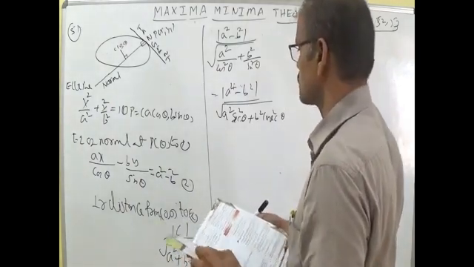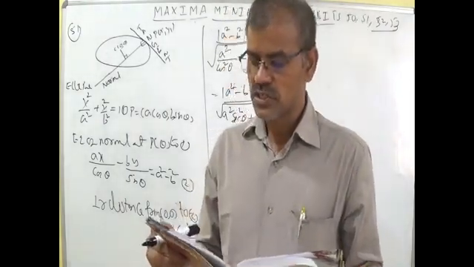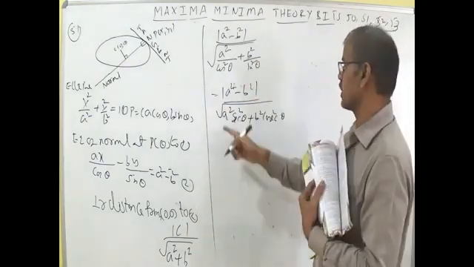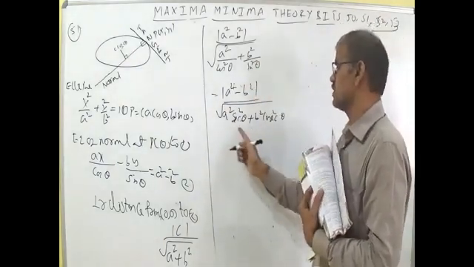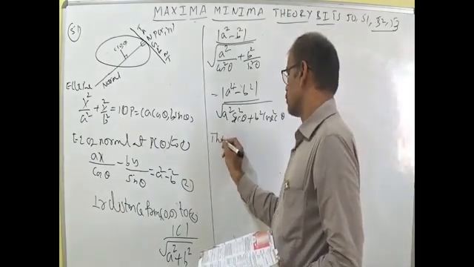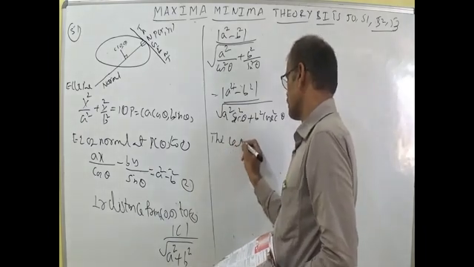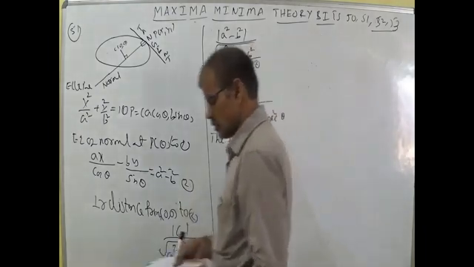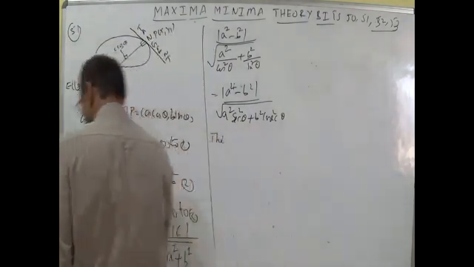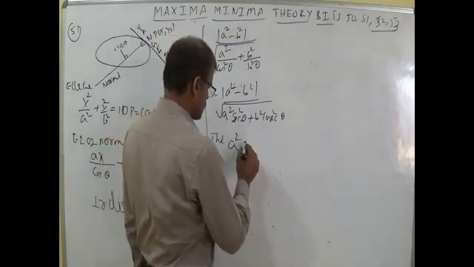Here it is asking for the greatest distance of the normal, so for the denominator you should get the minimum. Already we proved the least value of a square secant square θ plus b square cosecant square θ.